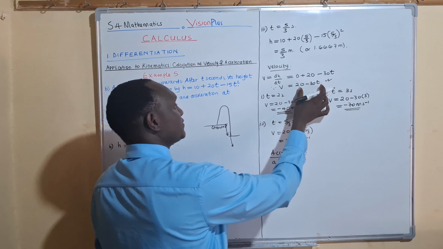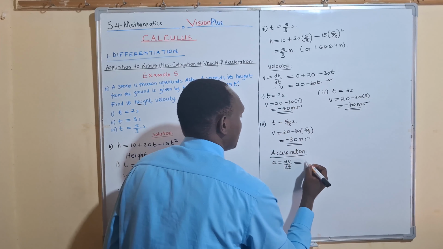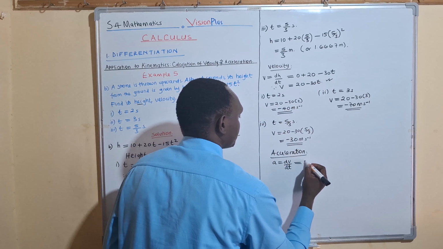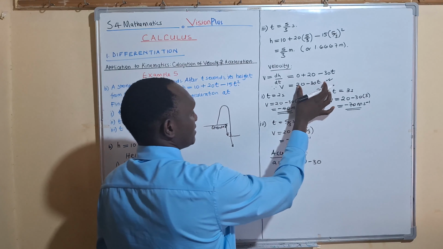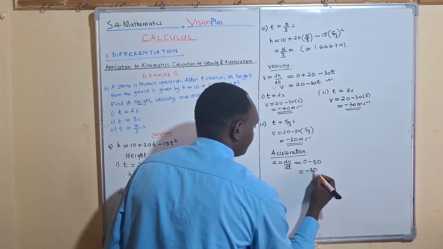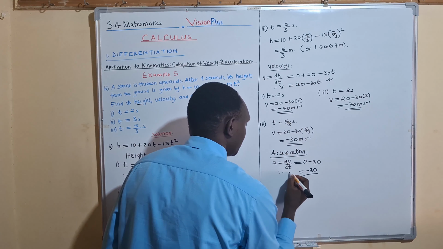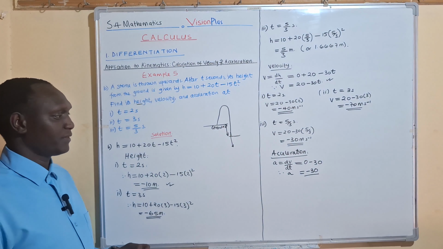So let us differentiate the velocity. It gives us 0 minus 30, right? If we differentiate this, that gives us negative 30. So acceleration is negative 30 at any time t.